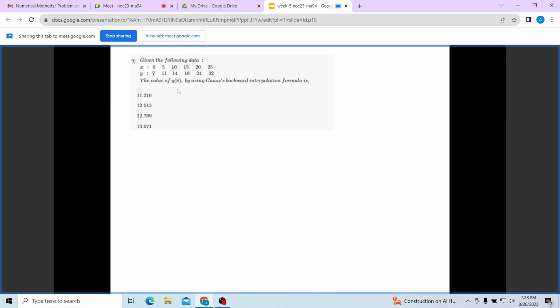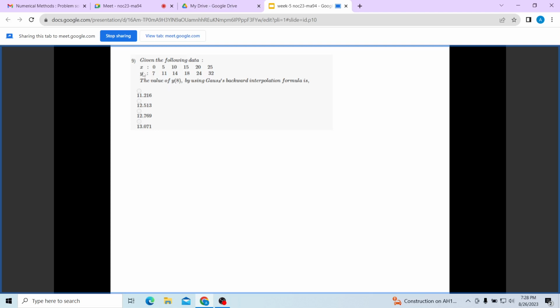So question number 9 is, given the following data, find the value of y of 8 by using Gauss backward interpolation formula. That is, at x is equal to 8, you have to calculate the value of y.